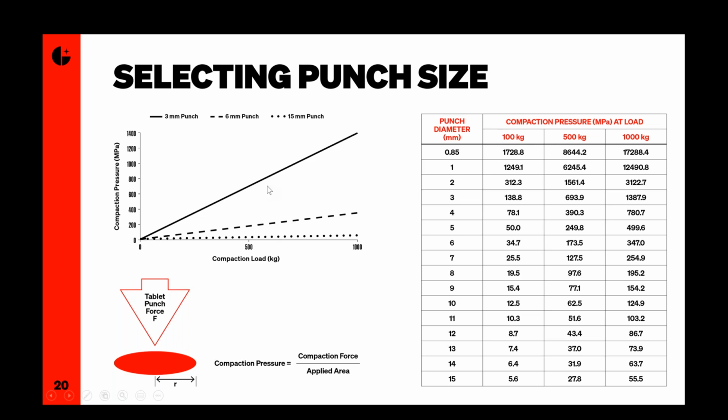Of course, there wouldn't be any point in using a 15mm punch with 100 grams of compaction load, because you wouldn't make a good tablet, it would be too weak. Whereas if you tried to use a 3mm punch with 1,000 kilograms of load, you'd probably break the punch. So we have different recommended ranges for the punch and dies.